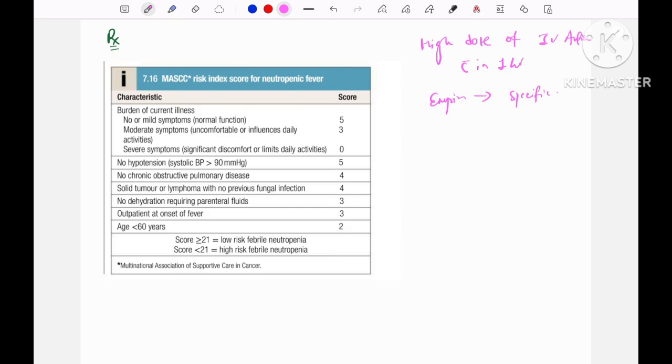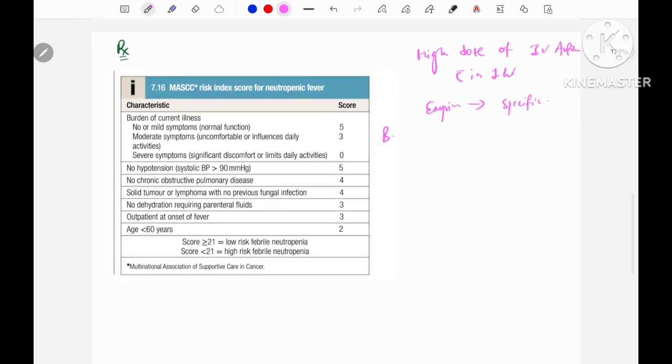So for bacterial infection, in Harrison there are 3 drugs included. One is ceftazidime or cefepime.